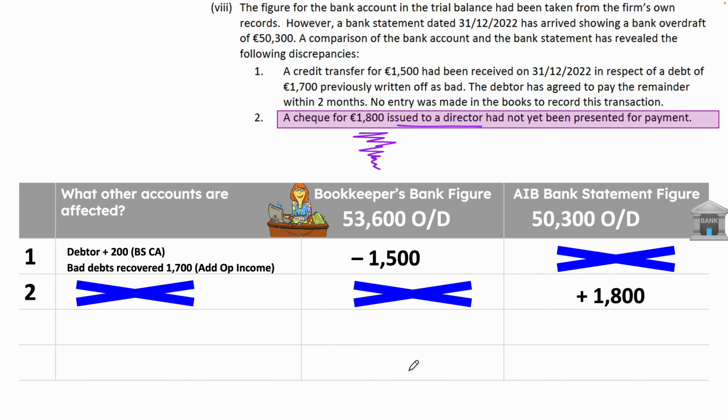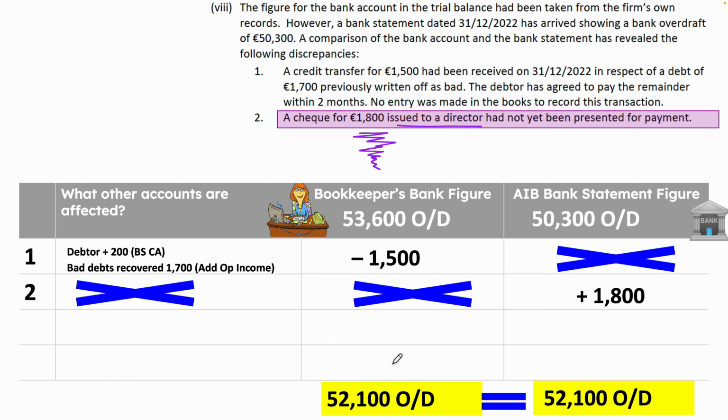So with these bank reconciliation adjustments, you should get the exact same bank figure when you've worked through all of your discrepancies. If you do not get the same bank figure, you have made a mistake somewhere, okay? This was a lovely and easy one. And basically that's that done.